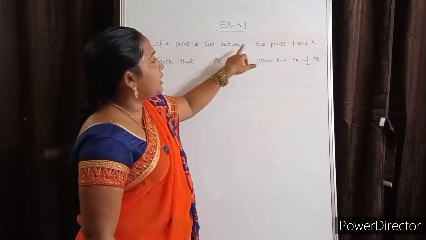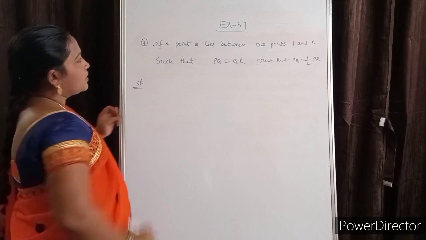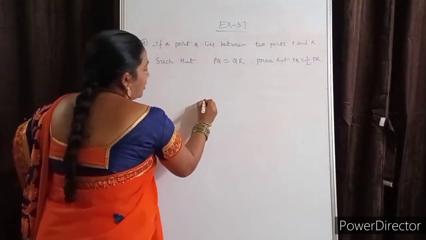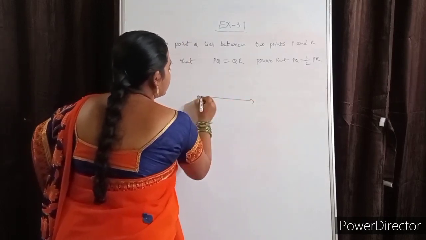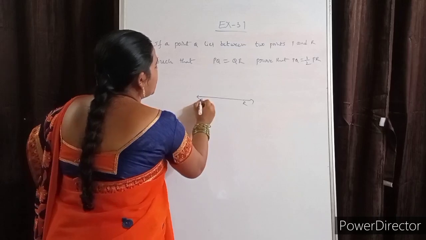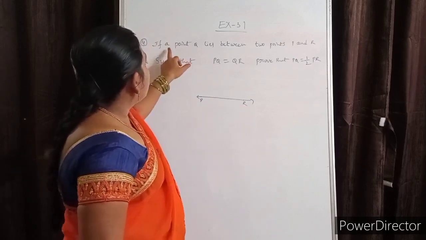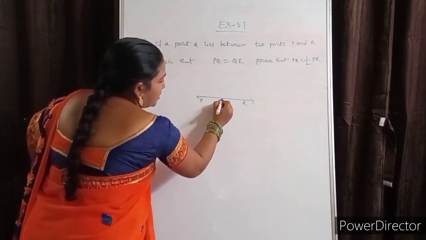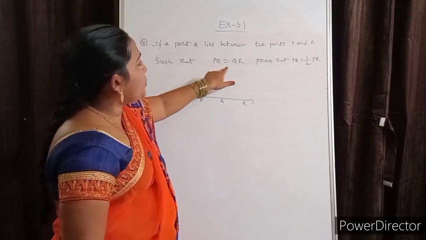Solution. Point Q lies between two points P and R. We draw the line with points P and R. A point Q lies between P and R, such that PQ is equal to QR.